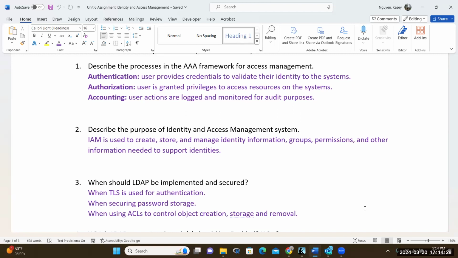So we would have group membership to control role-based access, or we can also tie that back into a different model of access management. And then for the permissions, we have to think about the objects that they use. So that would tie into the type of systems, the files, the folders that they would use, and so on.